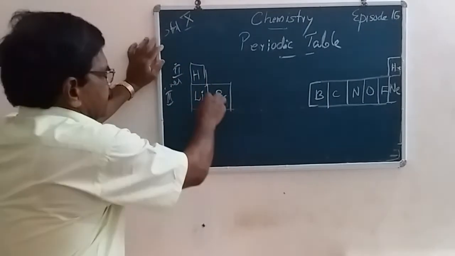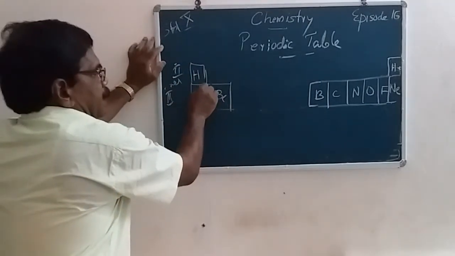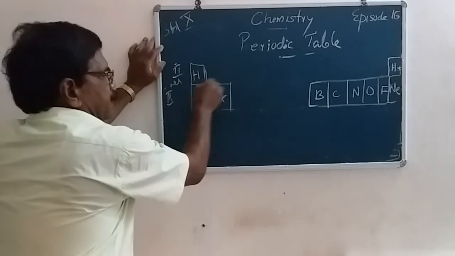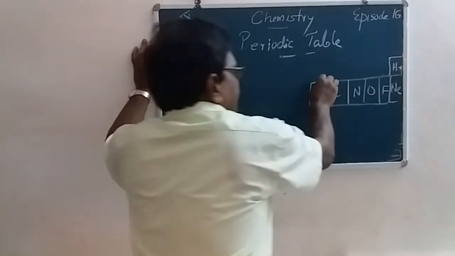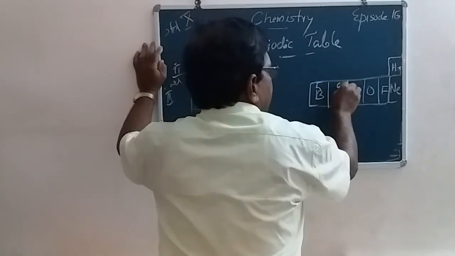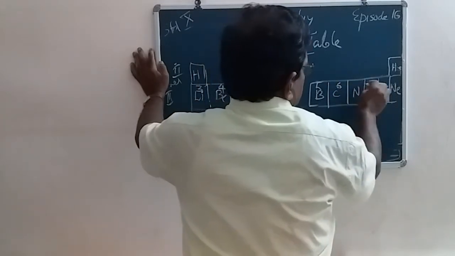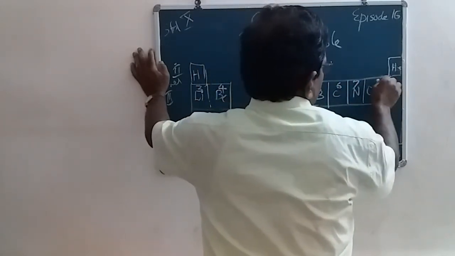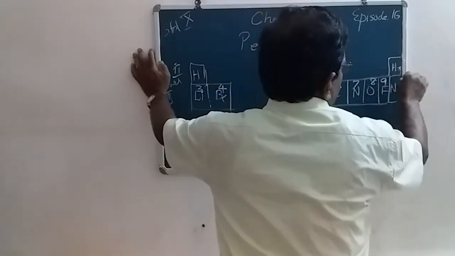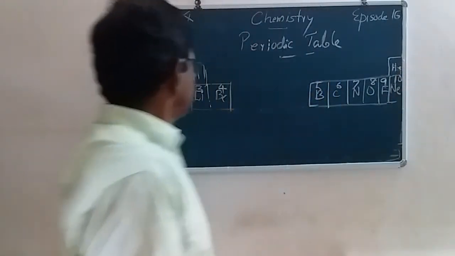Their atomic numbers are respectively lithium 3, beryllium 4, boron 5, carbon 6, nitrogen 7, oxygen 8, fluorine 9, neon 10.